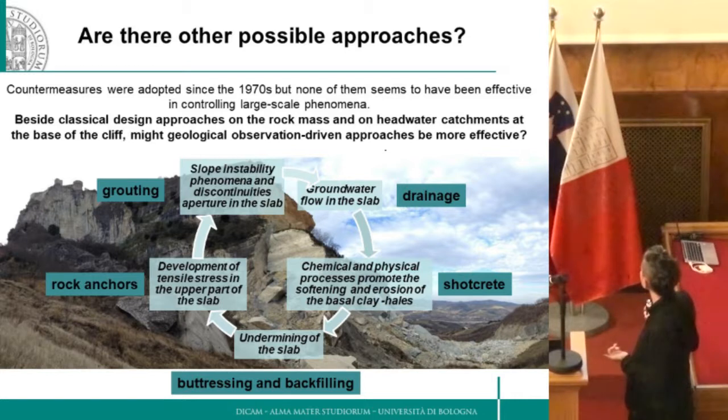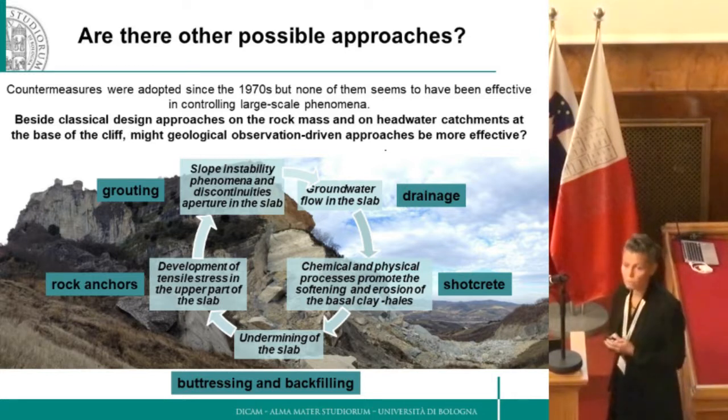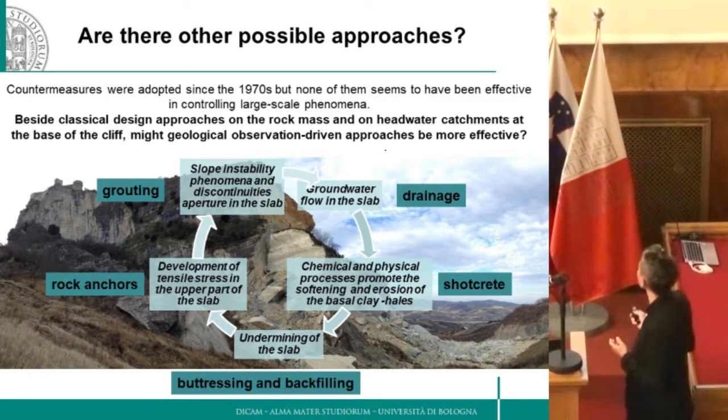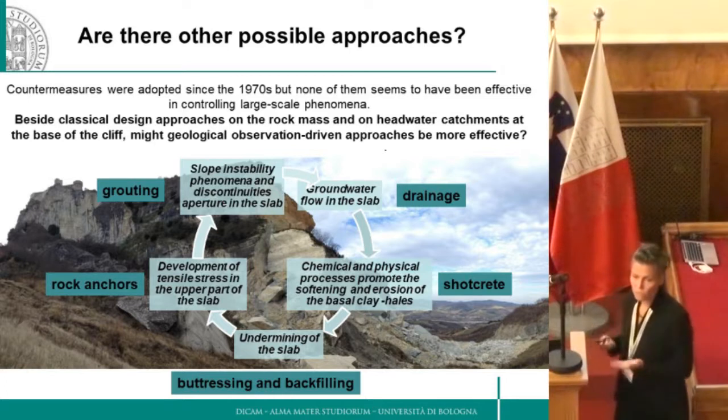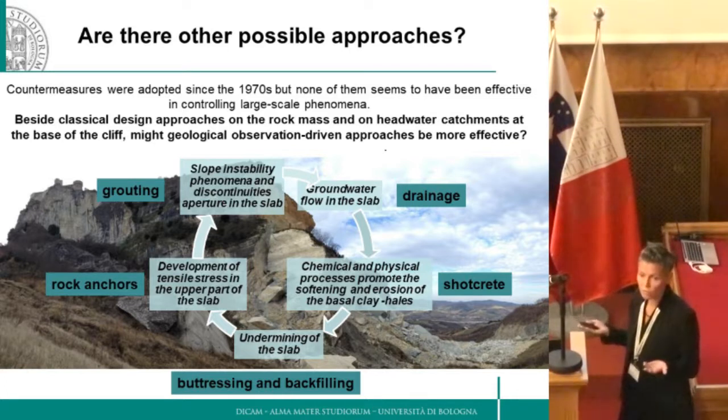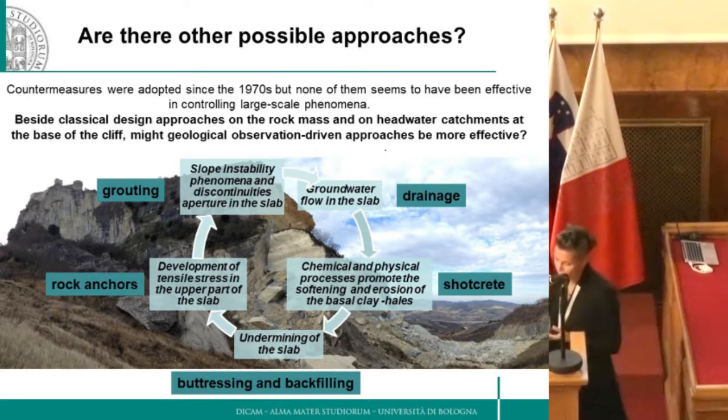Why don't we work to reduce the undermining? And to reduce the undermining, we could think about grouting the main discontinuities. This is done for civil infrastructures like dams. Why don't we do it also for rock slabs?